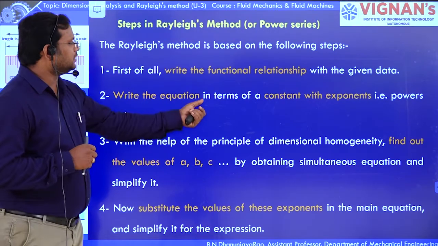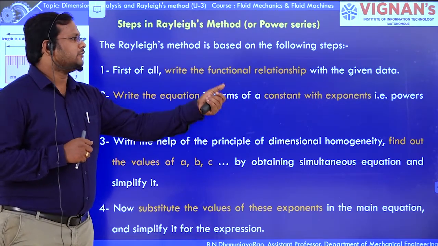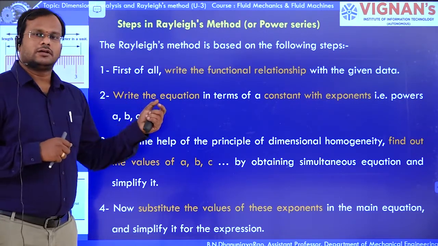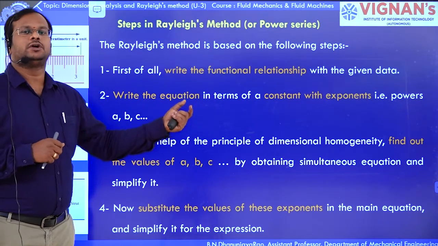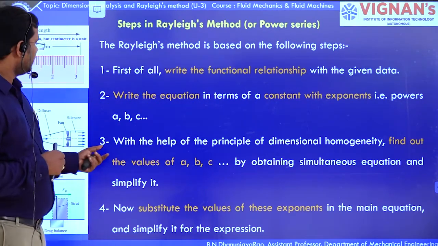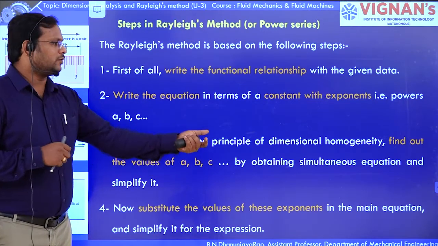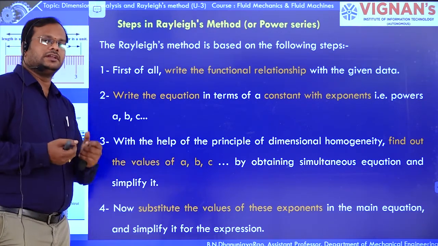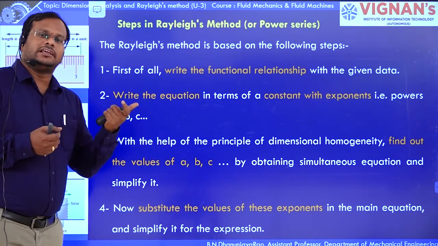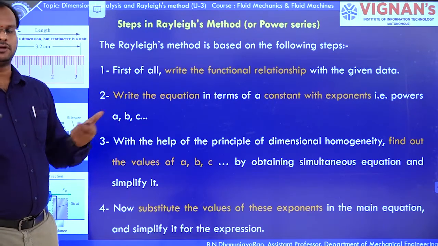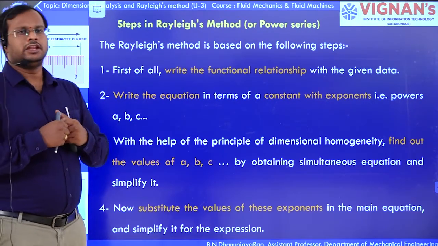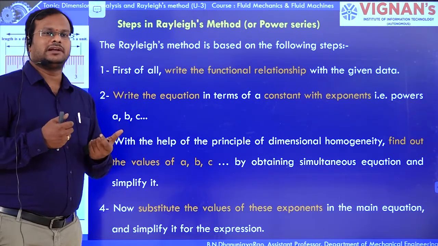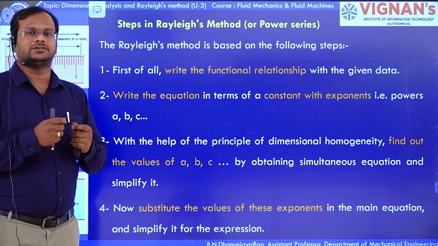Next, write the equation in terms of a constant with exponents. We need to write an equation using a constant and exponent powers on those variables. Next, with the help of the principle of dimensional homogeneity, find out the values of a, b, c. There is a left side term and a right side term in the equation, so we need to extract the fundamental dimensions and assign the powers of the fundamental dimensions, so that we get equations.